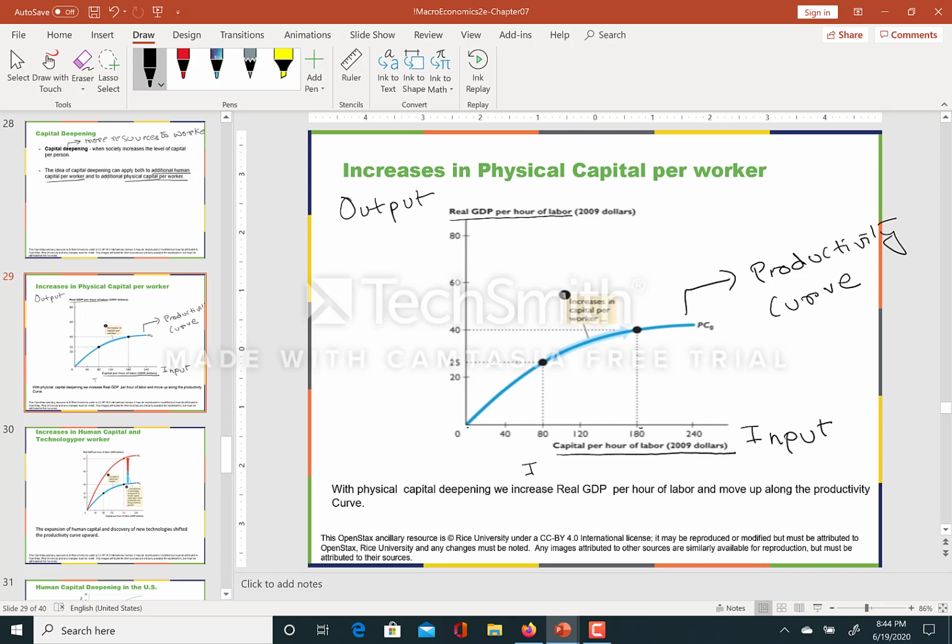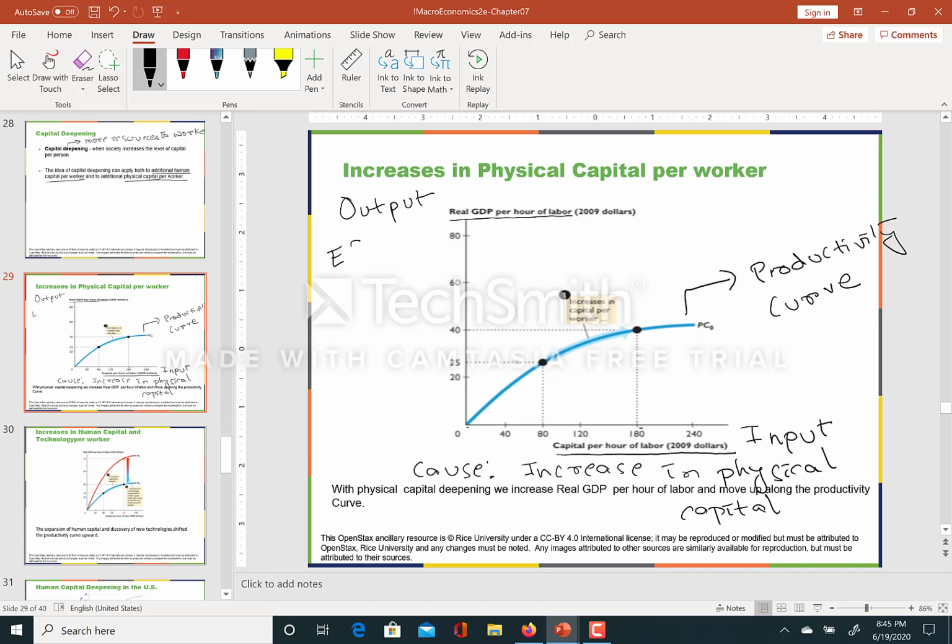If we increase capital from 0 to 80 to 180, what do we see? So I have a cause here and I have an effect here. So the cause is going to be increase in physical capital. So over here we are looking at increase in physical capital per hour of labor.